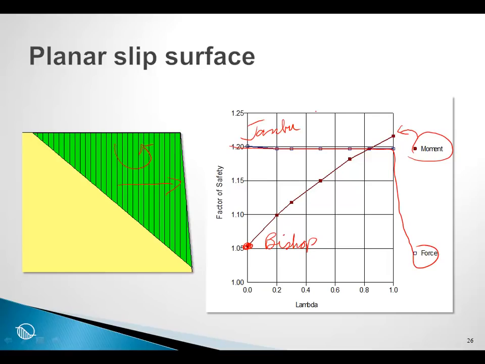All of this because of the difference in the shape of the slip surface. So now we begin to see that the shape of the slip surface has quite an effect on the results, and the GLE plot can help us sort out why there is a difference.